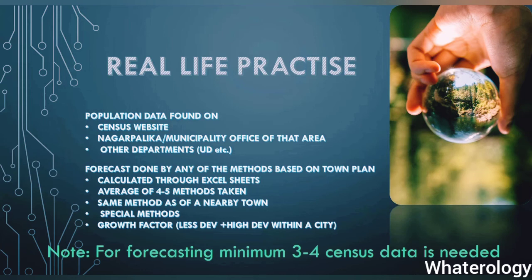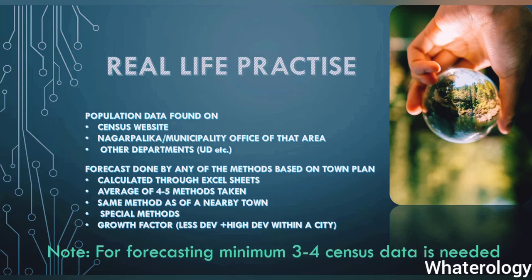Suppose the population in 2001 was 1000, in 2011 it was 2000, and in 2021 it was, let's say, 3000. So we are seeing some increase in the population.